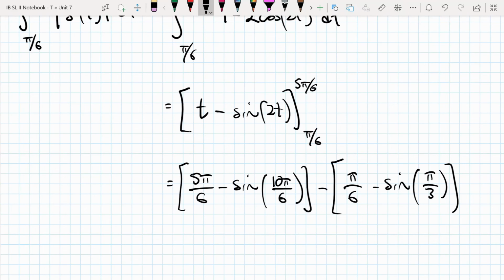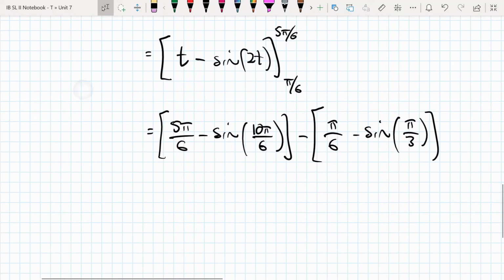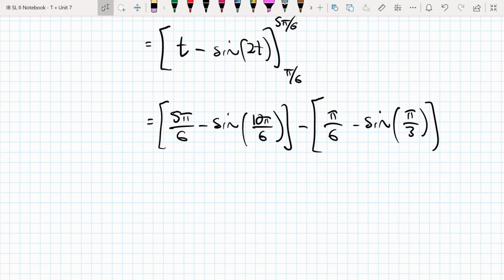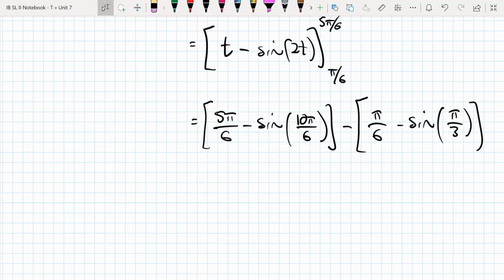Okay, and now let's figure out what this expression is equal to. So 5 pi over 6, we'll just leave that alone. Well, 10 pi over 6 is 2 pi over 6 less than 2 rotations around the unit circle. And so 10 pi over 6 is located down here.